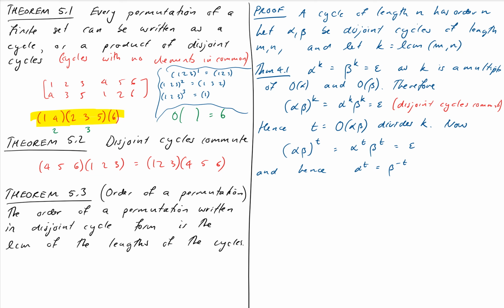Okay, here's the little trick here. Because alpha and beta are disjoint, on the left I have a power of alpha, and on the right I have a power of beta. Now, because they contain no symbols in common, the only way that these things can be the same is if, in fact, they're both equal to the identity.